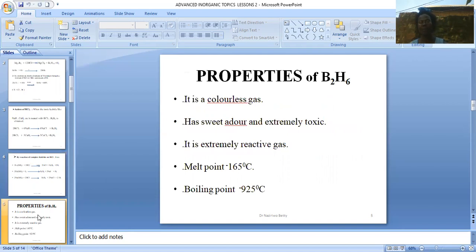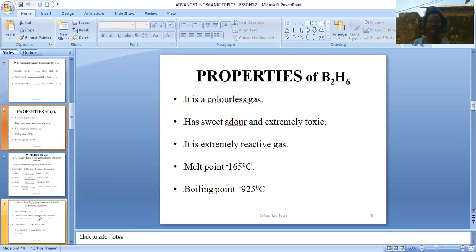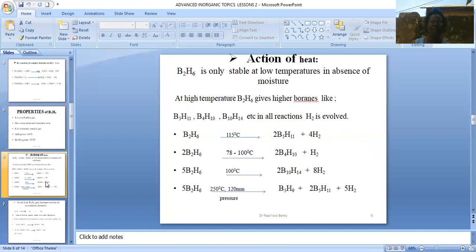Let us look at the properties of diborane. Diborane is a colorless gas, has a sweet odor, and is an extremely reactive and toxic gas, with a melting point of -165 degrees Celsius and a boiling point of -92.5 degrees Celsius.